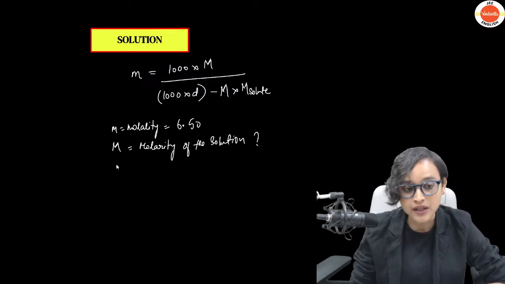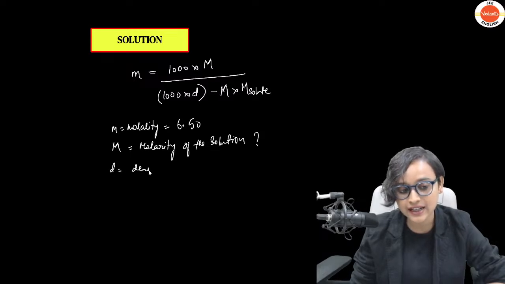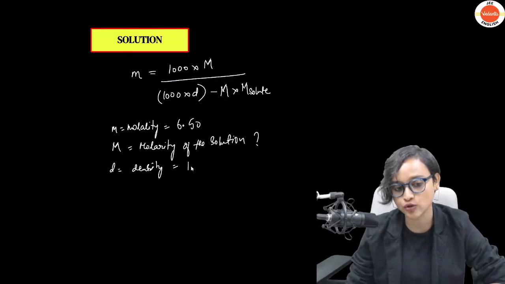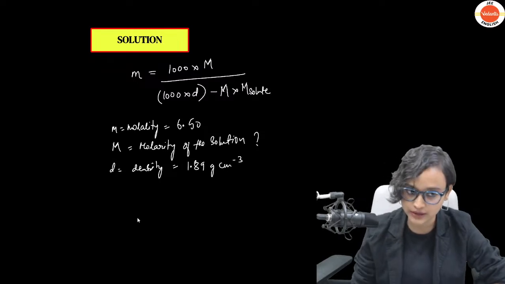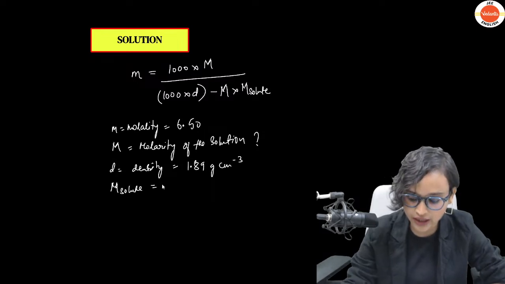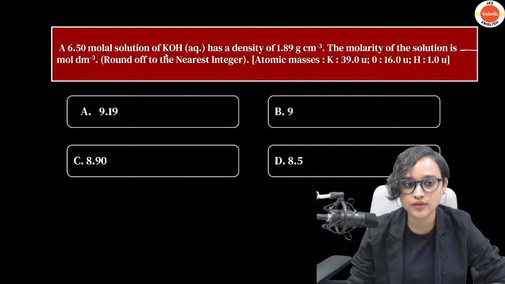Then what is D? D is already given to us. It is density, and the density is 1.89 gram per centimeter cube. Finally, the molar mass of the solute is something that we can find out. What is solute here? Solute is KOH.